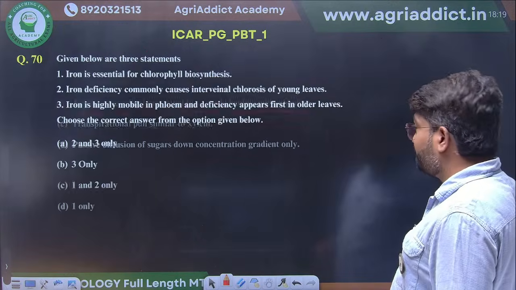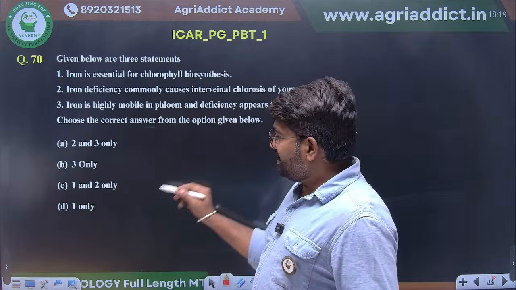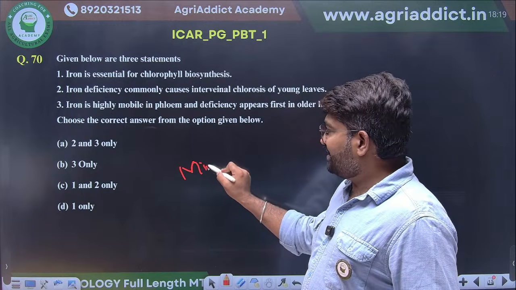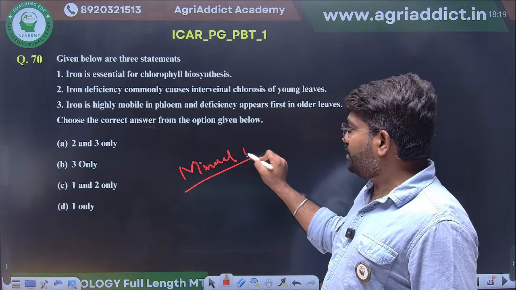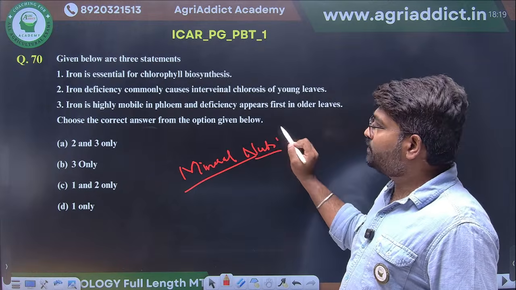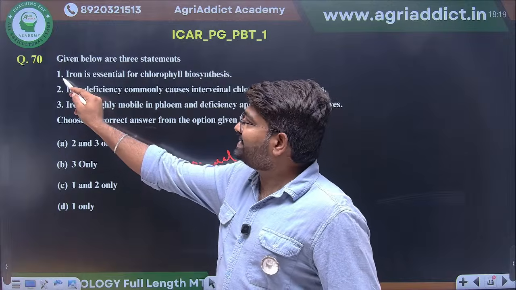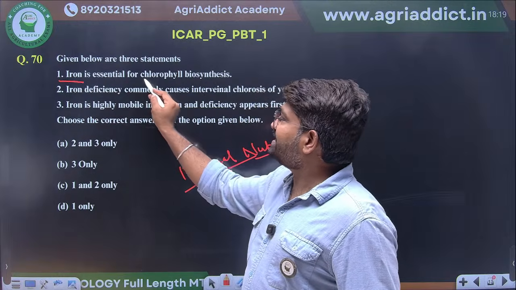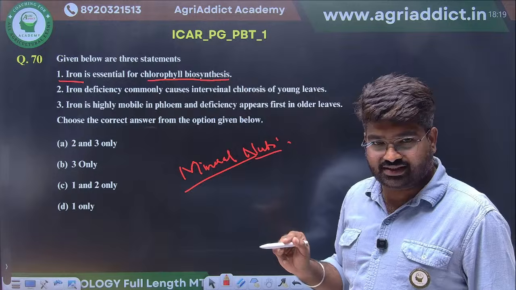Memory based. Next, we are going to see mineral nutrition. Mineral nutrition is one of the important topics. You see here, they have given statement 1: iron is essential for chlorophyll biosynthesis.